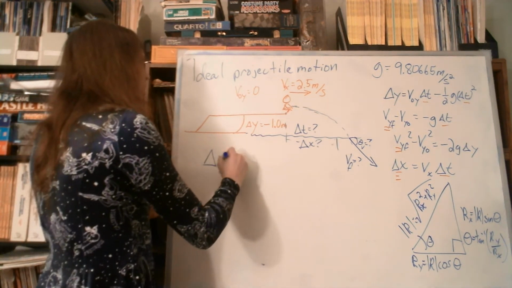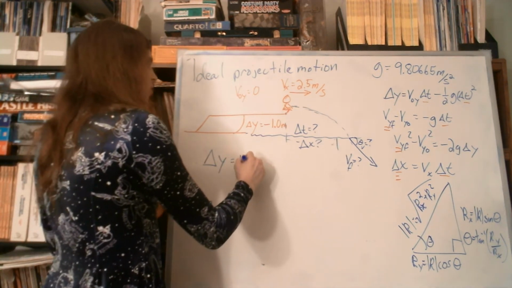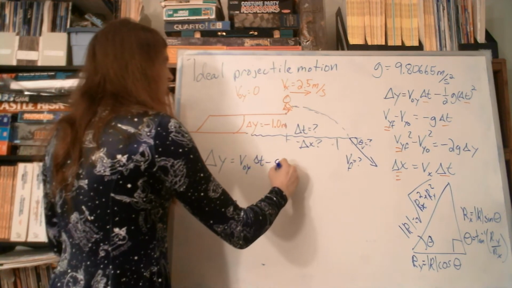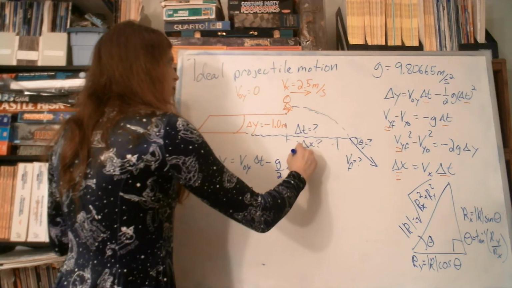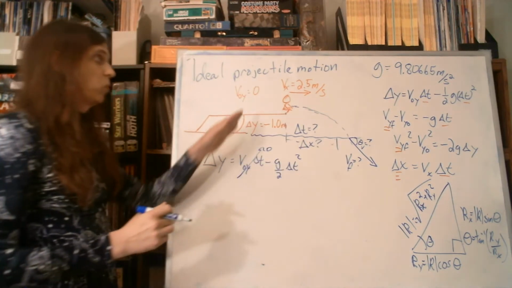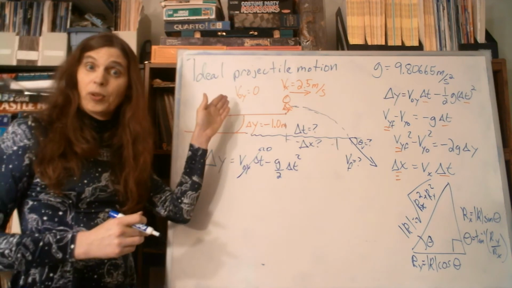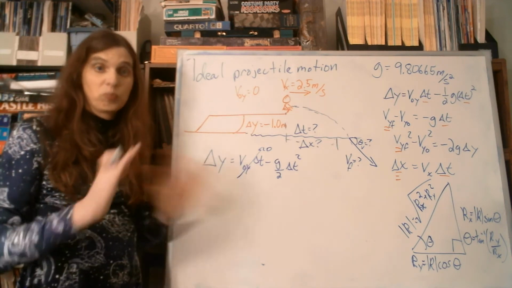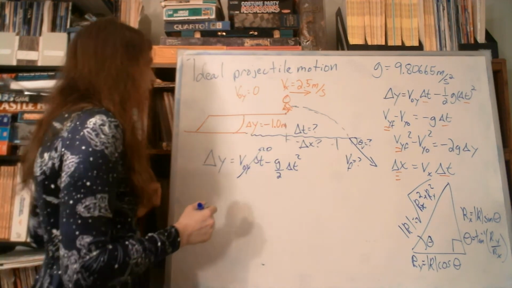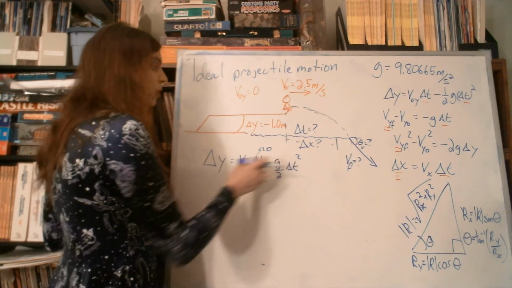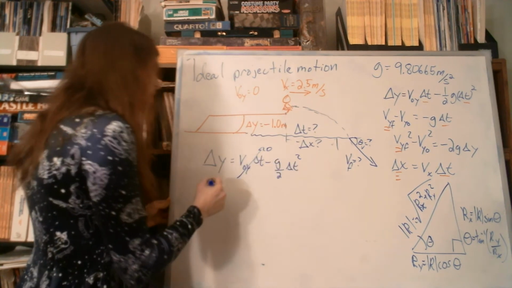We've got change in y is the original v_y delta t minus g over 2 delta t squared. And we've specified here, we've made it simple and said, okay, the original velocity in the y direction is 0. So that makes it pretty straightforward. We want to solve for delta t squared.